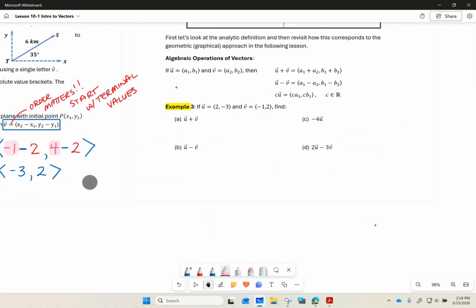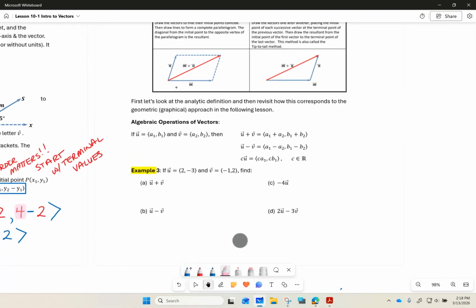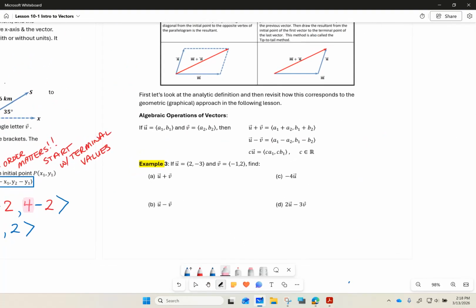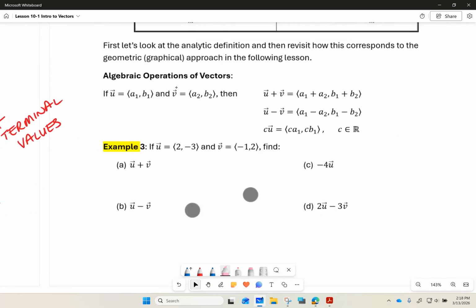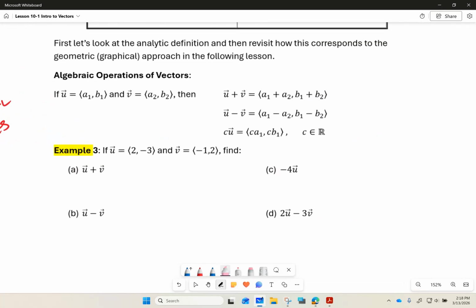Let's wrap this up. Then we talk about adding and subtracting and multiplying vectors. Pretty straightforward. Adding means you're going to add the vectors in the corresponding spots. So what I mean by that, if I asked you to add the u vector plus the v vector, I need you to add the x with the x component.